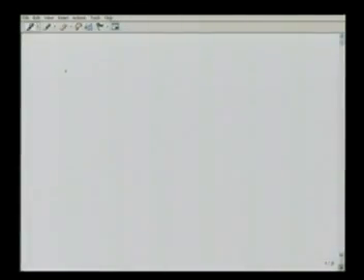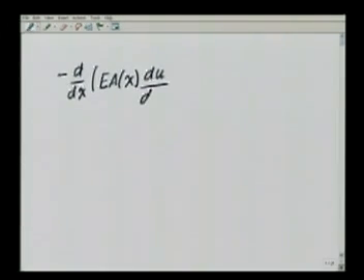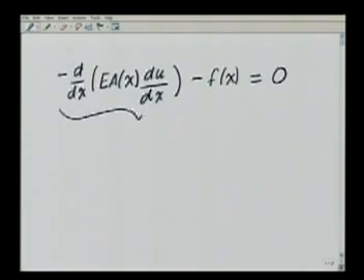For the model problem given earlier, let us now take the differential equation and move both terms to one side. That is, we will get minus d/dx of EA(x) du/dx minus f(x) equal to 0. This term that we have put on the left hand side is called the residual.